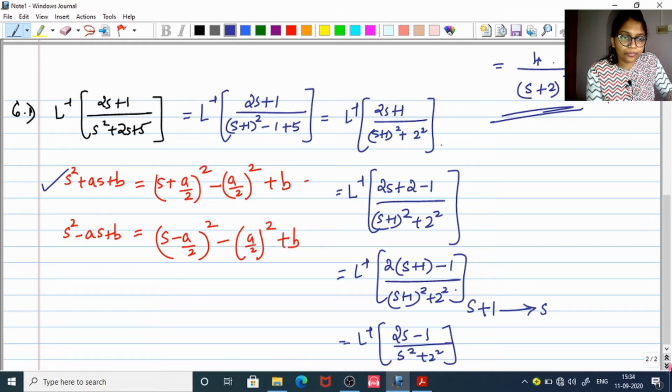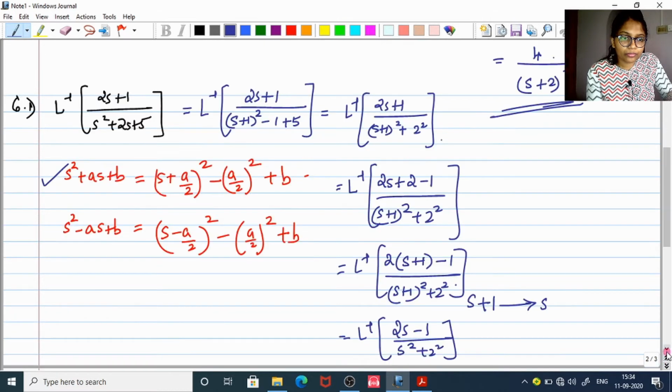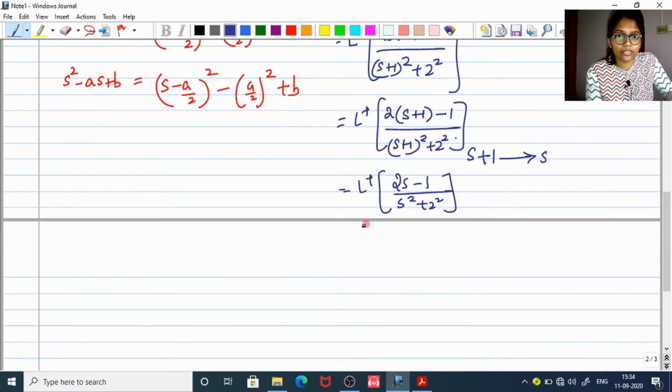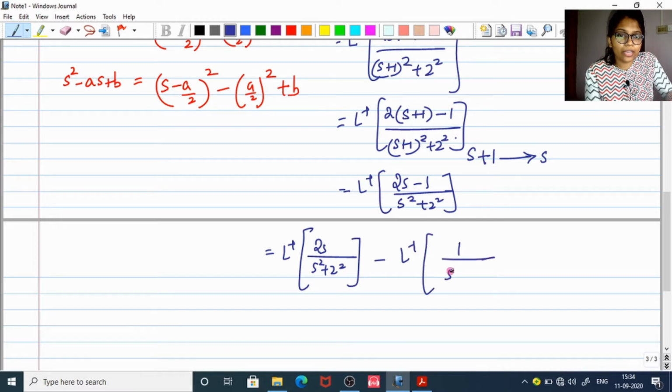Now again I can write L inverse of 2s by s square plus 2 square minus L inverse of 1 by s square plus 2 square. Now it becomes s by s square plus 2 square; 2 can be taken outside. Now the inverse of s by s square plus 2 square is cos 2t, isn't it?